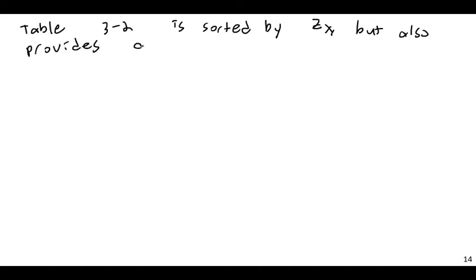Table 3-2 is sorted by ZX, but also provides a variety of capacities and useful quantities.